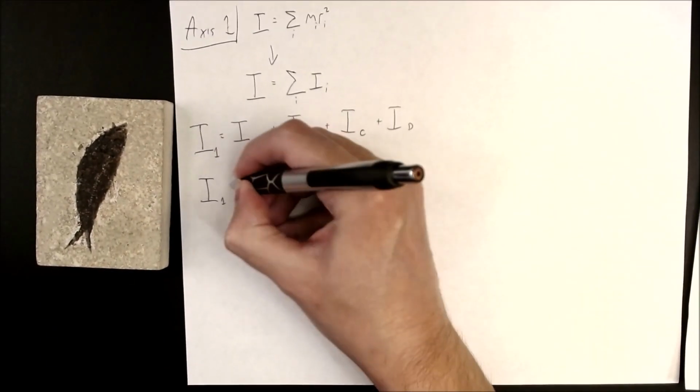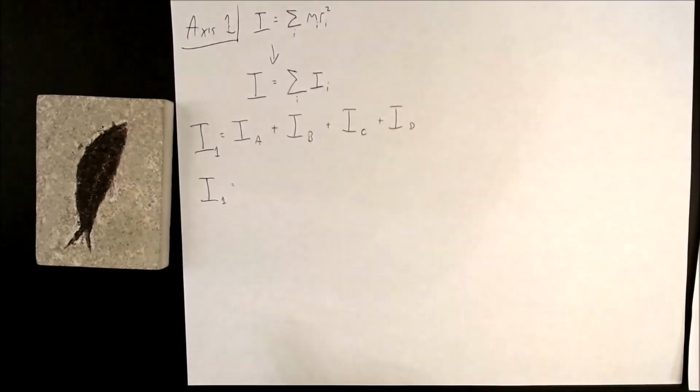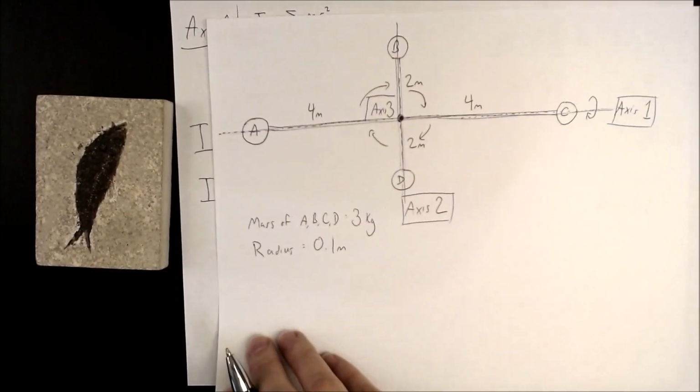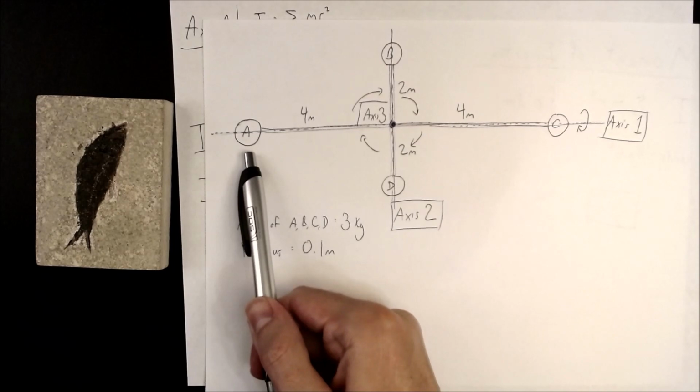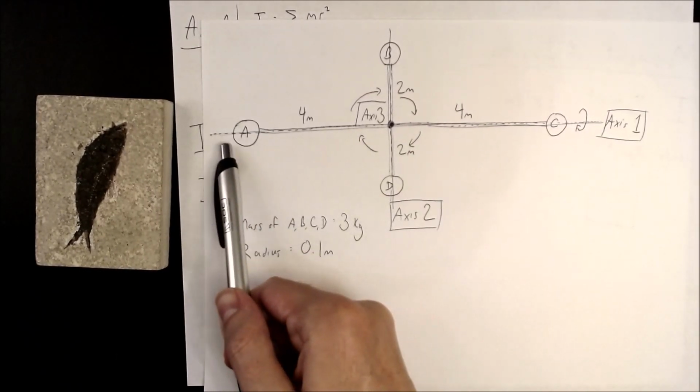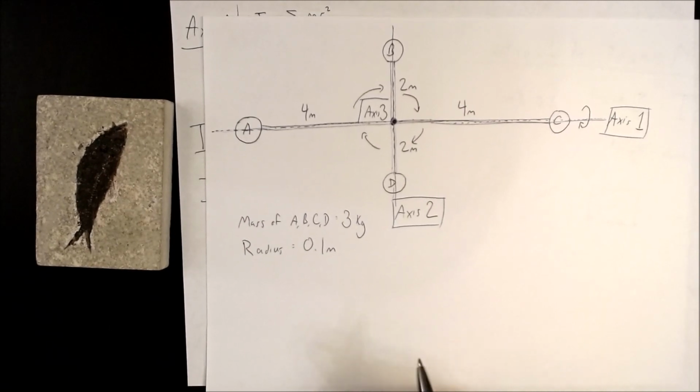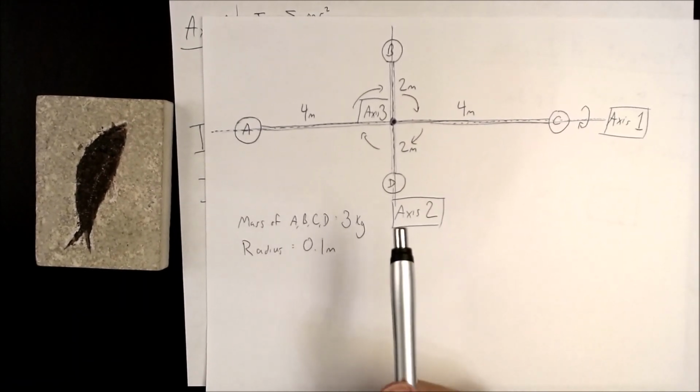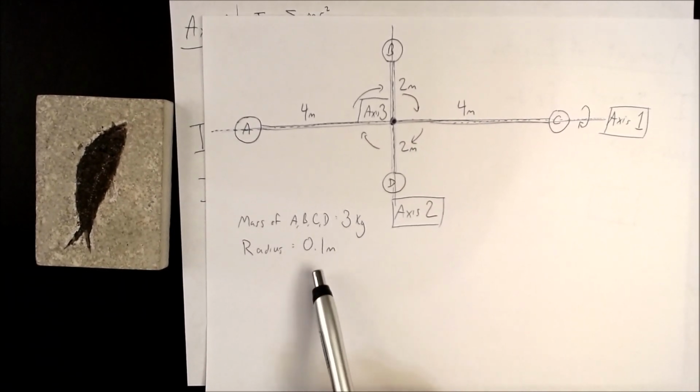Moment of inertia around axis 1 is going to be the moment of inertia of A. Well, this axis, axis 1, is going right through A. And I said that A is a sphere with a mass of 3 kilograms and a radius of 0.1 meters.